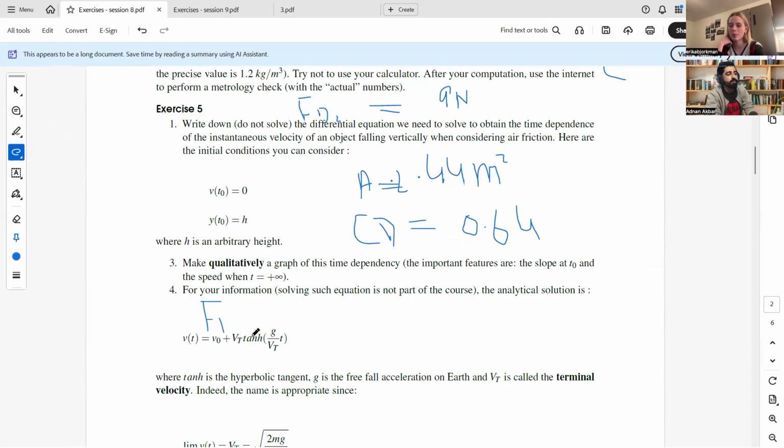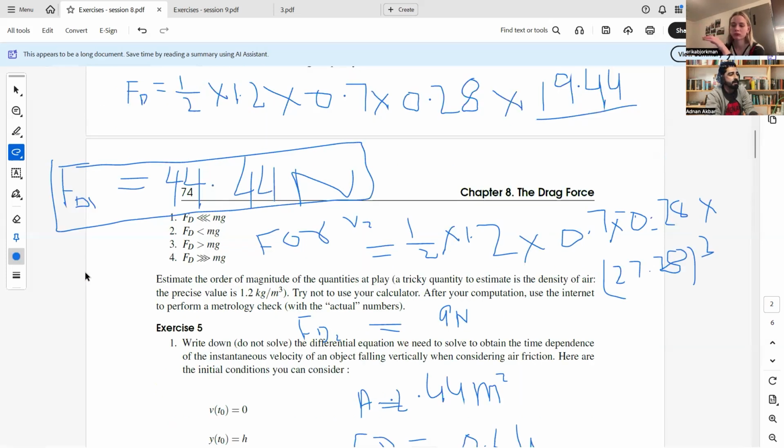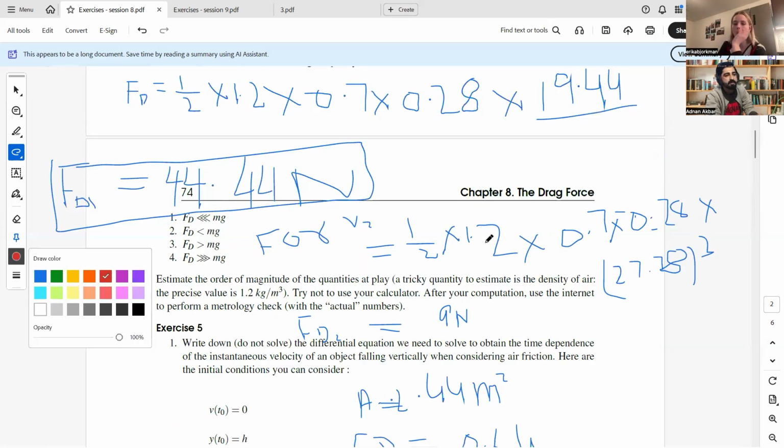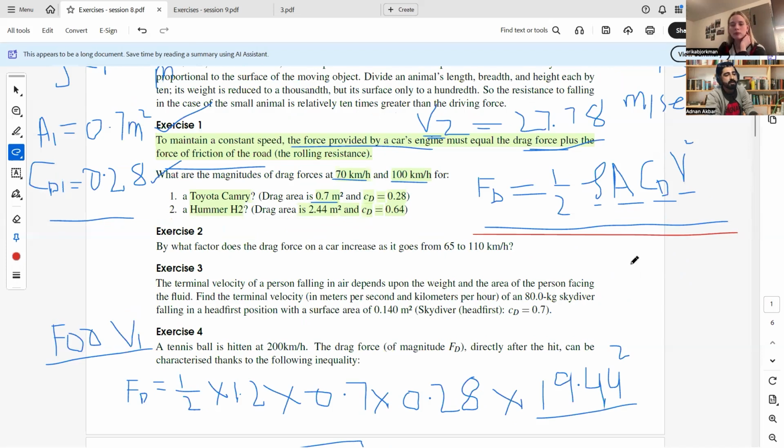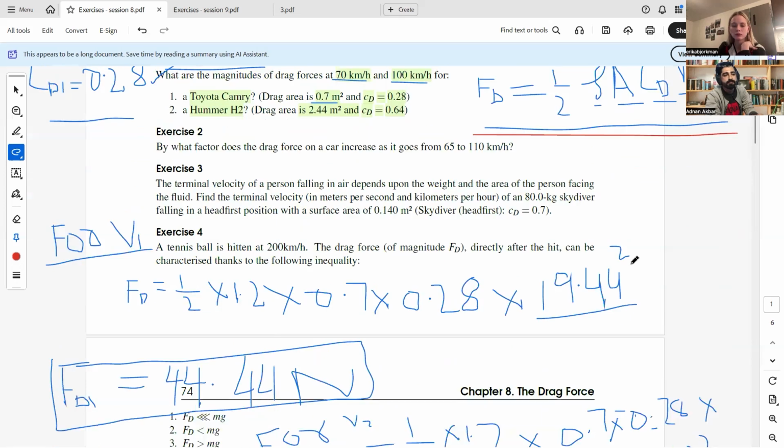We need to put the values in the formula of the drag force that is given here.